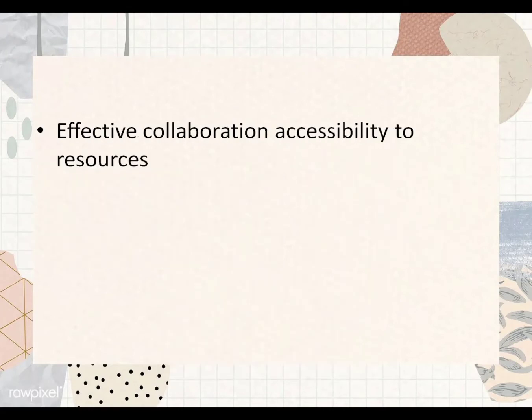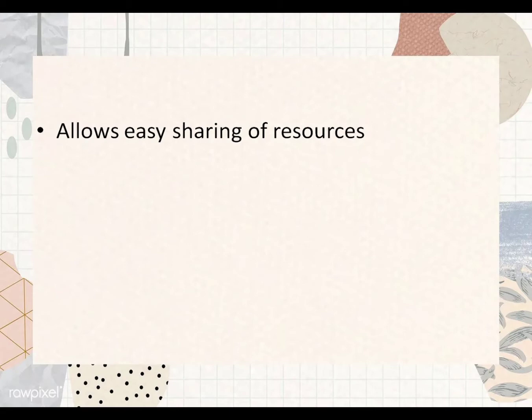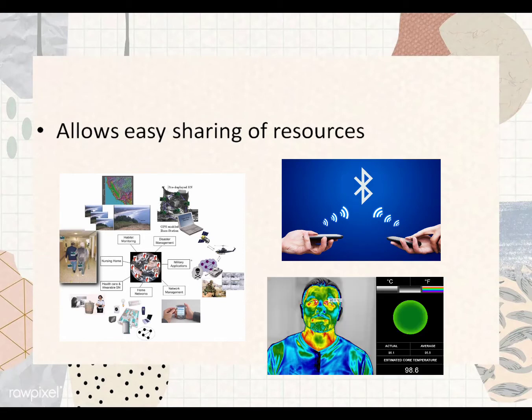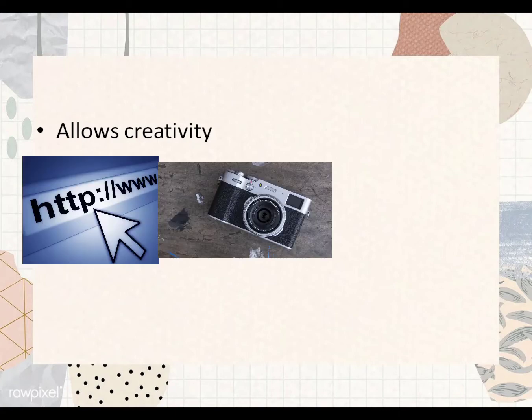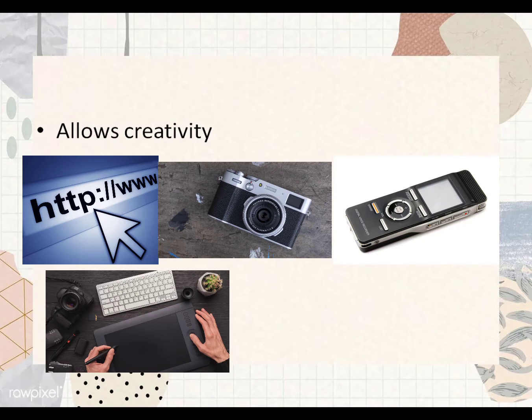It also provides effective accessibility to resources, and some of these are search engines and browsers. It also allows easy sharing of nearby resources such as sensor networks, Bluetooth, and infrared, as well as allowing people to become more creative through websites, camera, multimedia, digital recorder, and screencasting.